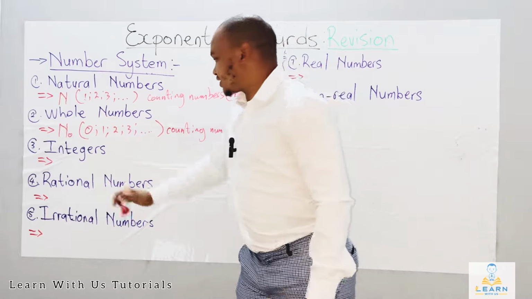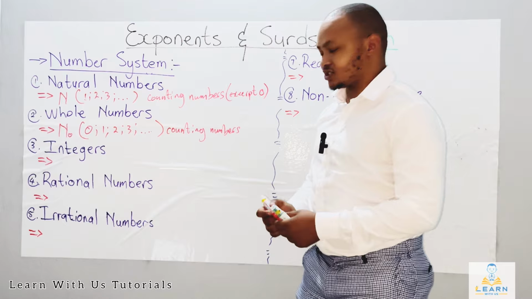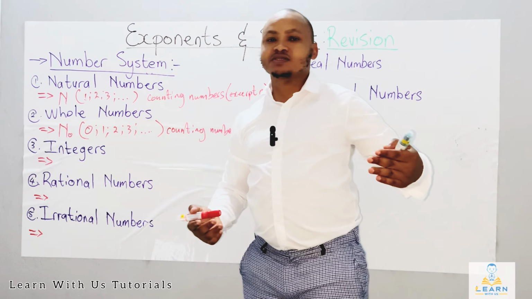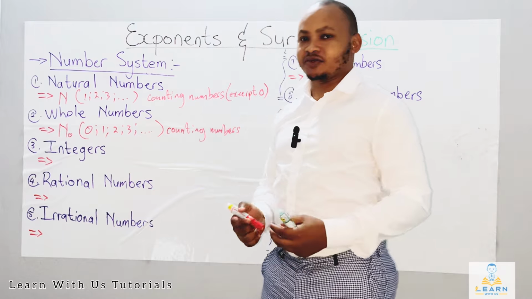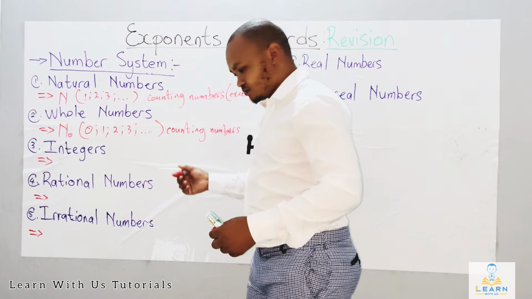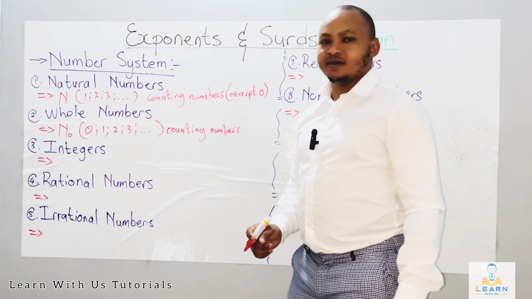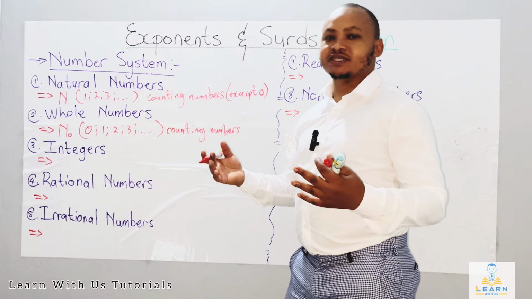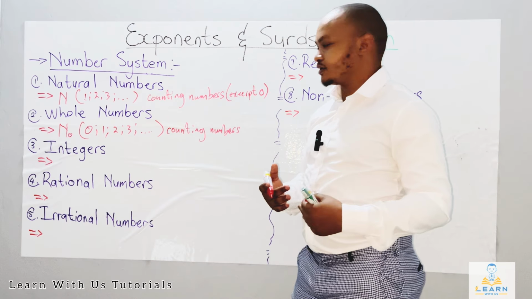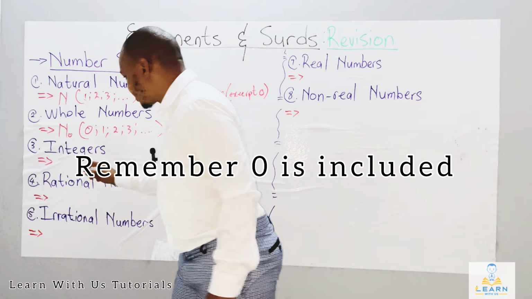Okay. Let's look at integers. Integers are all the negative numbers and all the positive numbers, including 0. I've seen cases where students say all the negative numbers and all the positive numbers, and they make the mistake of leaving out 0. So guys, please remember 0 is included.